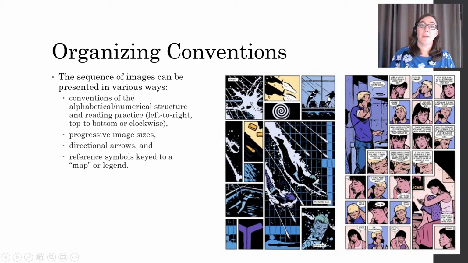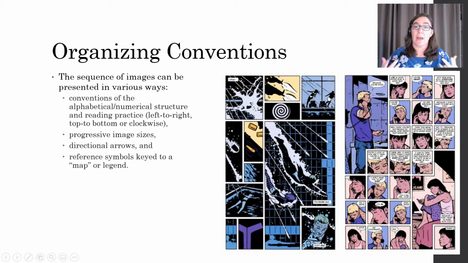When we're trying to organize our sequential views and present our sequence of images and draw the reader's eye in the correct way through this series, there's a number of different ways that you can do it. One of the strongest is the alphabetical or numerical structure, top down, and from reading practice, left to right.